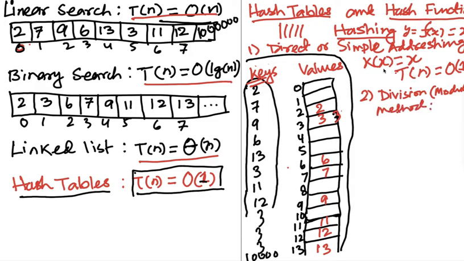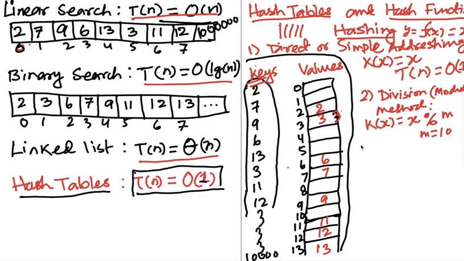Instead of using this simple hash function, we will use h(x) equal to x modulus m, where m is any number, for instance 5, 10, 15, whatever you say. For simplicity, let us consider m equal to 10.